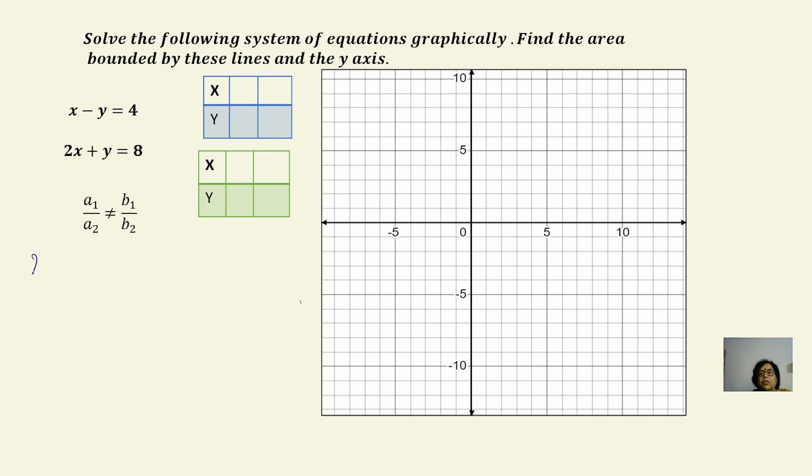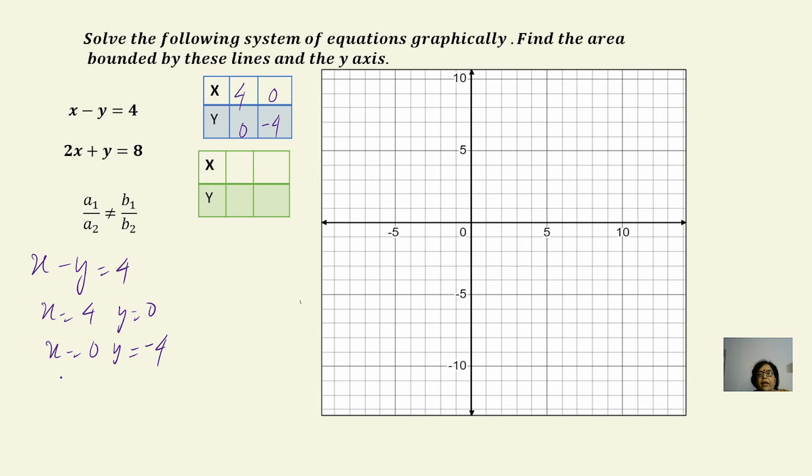So let's take the first equation, x minus y is equal to 4. When y is 0, x is 4. When x is 0, y is minus 4. So the points are 4, 0 and 0, minus 4.